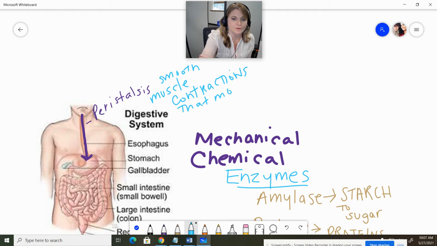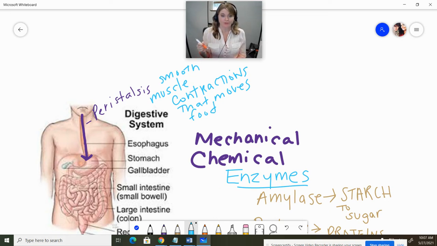That moves the food. At this point, we call this a bolus of food. It travels down your esophagus and into your stomach.